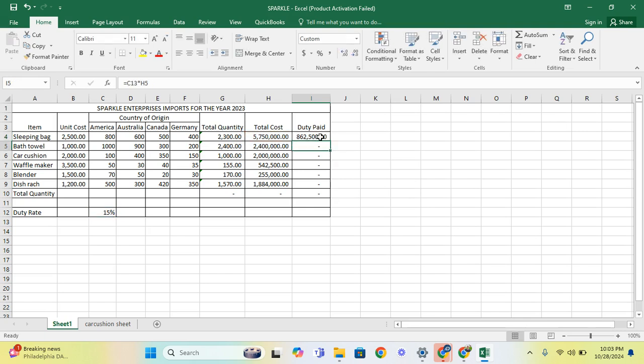The answer is being displayed there. Then I do the necessary double clicking, and we see we have the answer for that. That is the duty paid by multiplying each and every total cost by 15%.